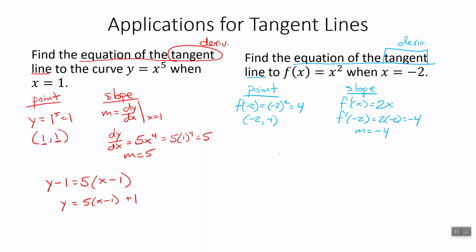So now we just write it in point slope form. Y minus the y value up here, 4, equals the slope, negative 4, times x minus negative 2. So minus negative is going to change that to plus 2. 2 negatives make a positive. And there we go. There's our answer. If we want to move the 4 over, we can, but either one of those is correct.